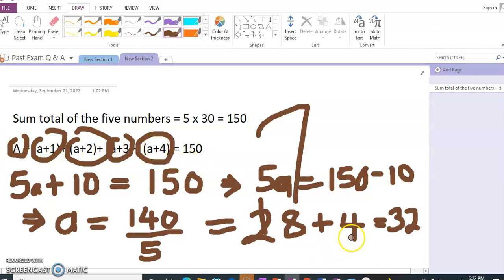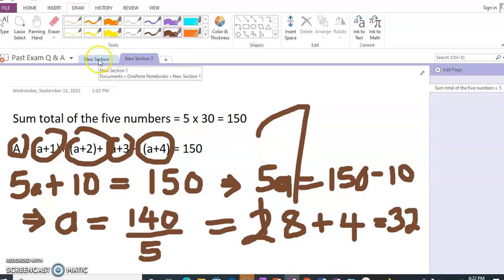If you add these 5 numbers together, 32 plus 31 plus 30 plus 29 plus 28, all of them will give you 150. That's exactly how the whole thing is established. So you can see this is exactly how it works.